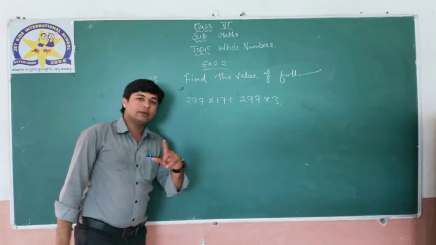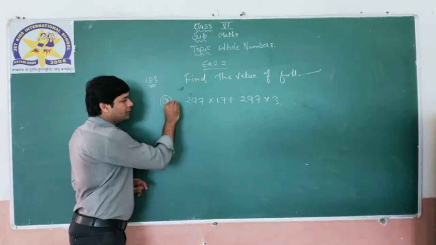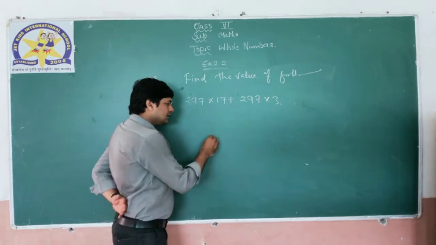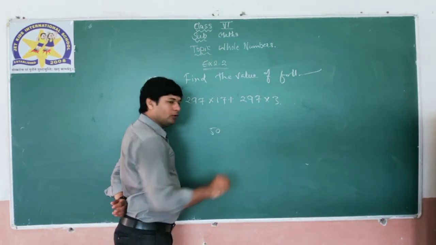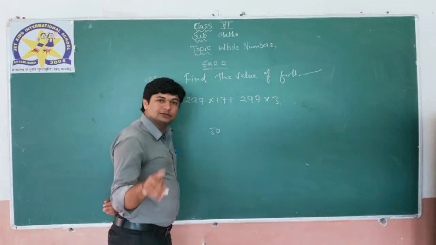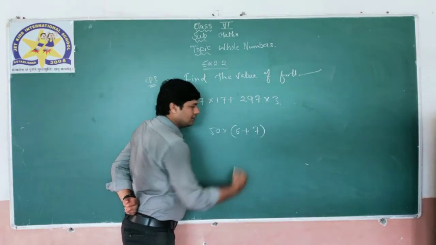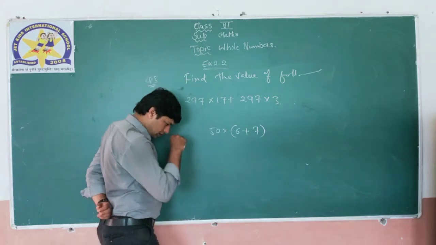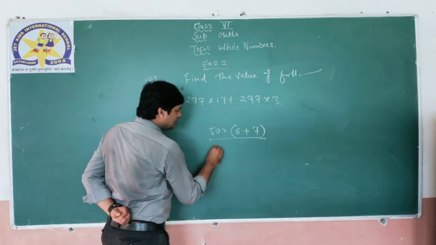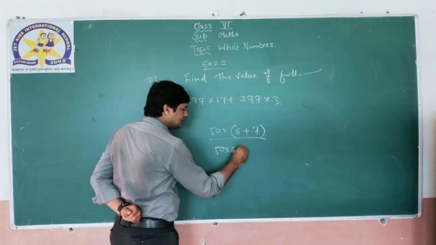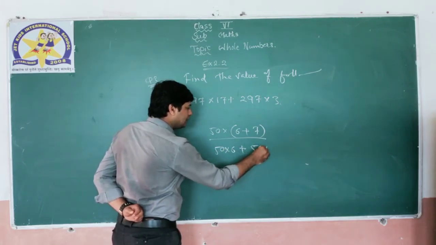See, remember that example of Meena, when she paid 50 rupees per kg for two purchases of rice. I did it like this: 6 plus 7. From where do we get this? 50 multiplied first by 6, then 50 multiplied by 7.